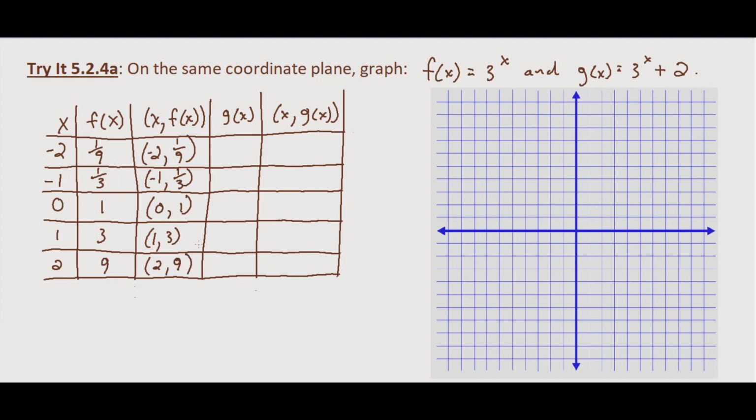F of 2 equals 3 to the 2, which is going to be 9, which gives us the point 2, 9. So we'll go ahead and graph f of x. So we have the point -2, 1/9. -1, 1/3. 0, 1. 1, 3. And 2, 9.